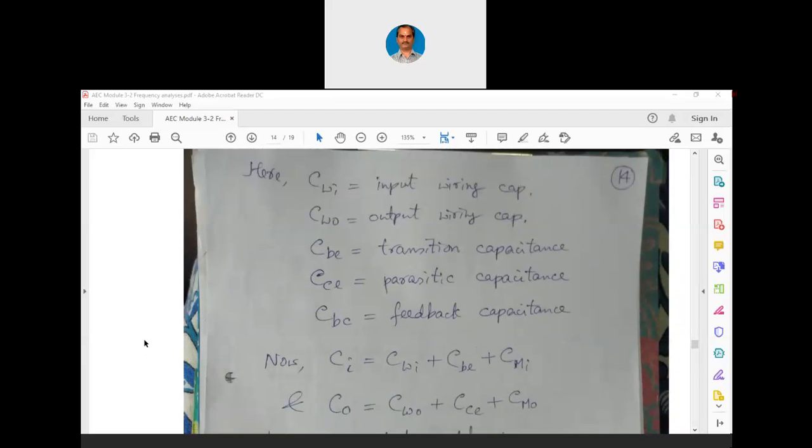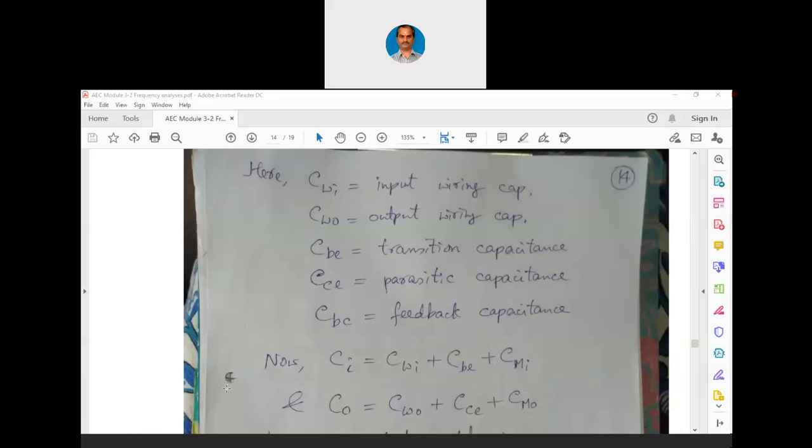So here now, CI is CWI plus CBE plus CMI. Input capacitance is the input wiring capacitance plus the capacitance between base and emitter plus the Miller capacitance of this CBC. The CMI is the input counterpart of this feedback capacitance.